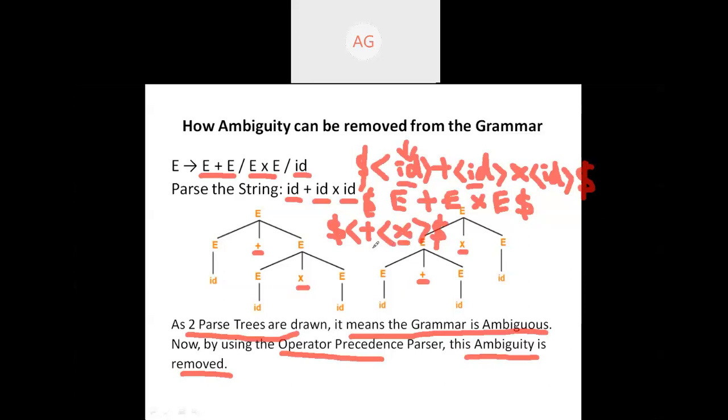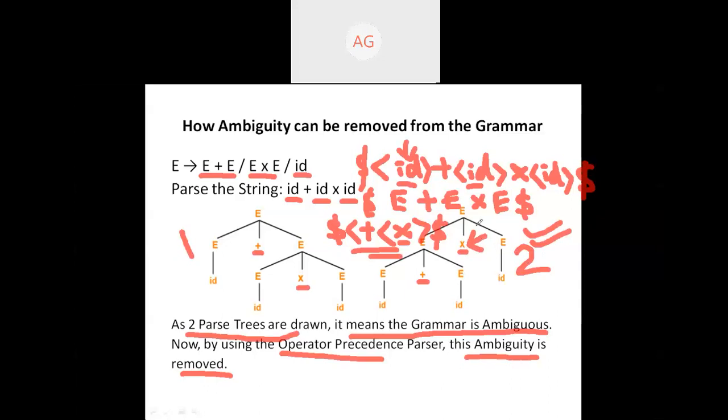Now out of these two parse trees, which is going to be considered? This is the first parse tree and this is the second parse tree. As you can see here, into has greater precedence than plus. So out of these two parse trees, according to our operator precedence parsing, the second parse tree is considered, because in our string into has greater precedence than the plus.